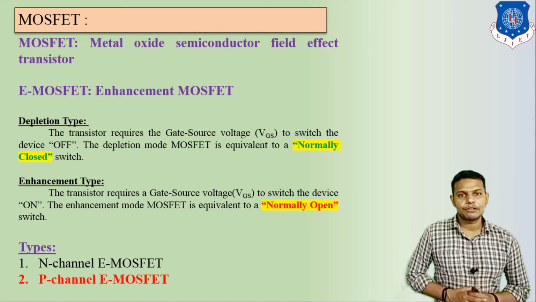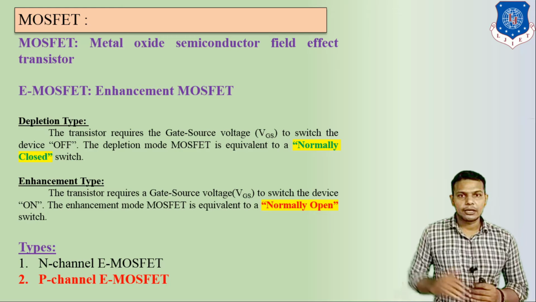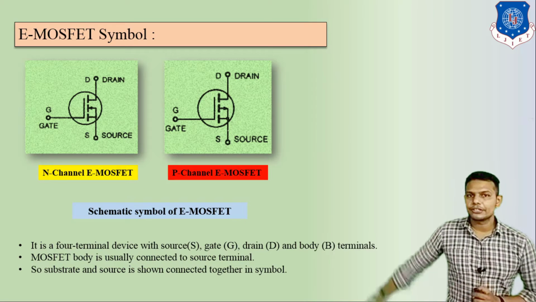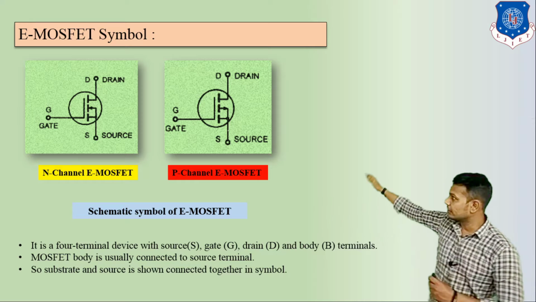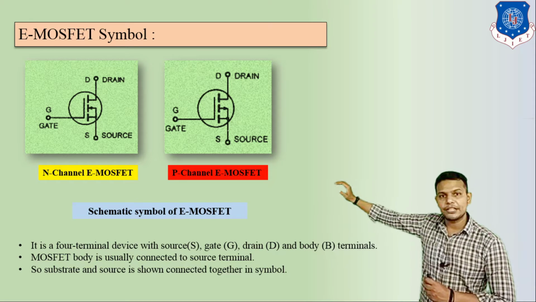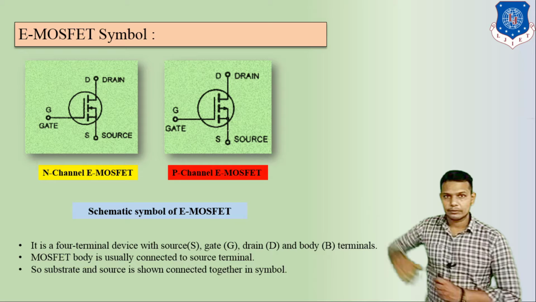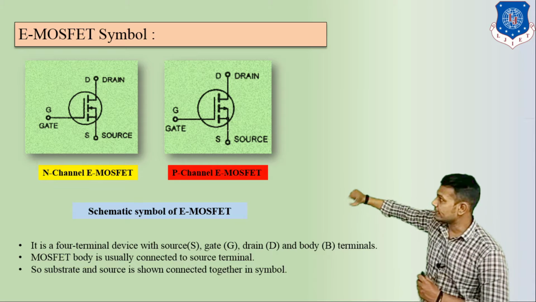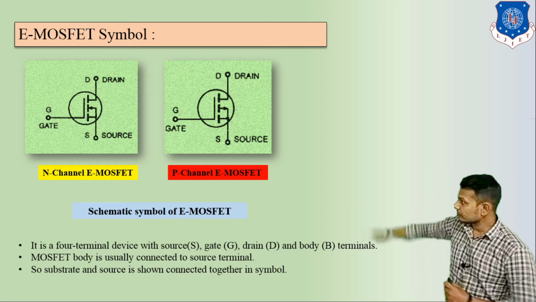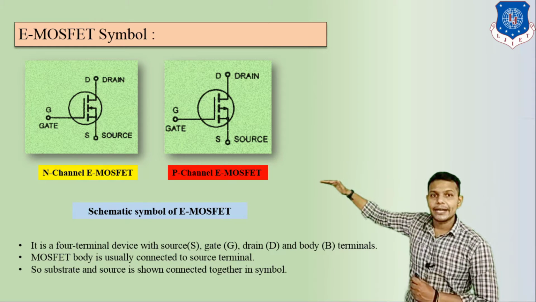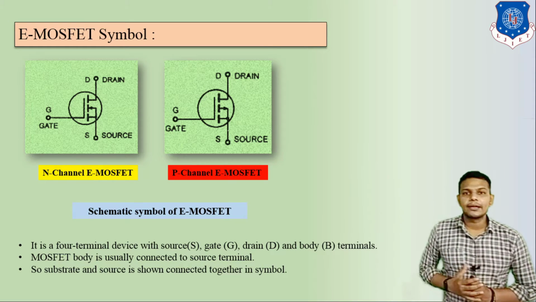So in this lecture we are going to discuss about P-channel E-MOSFET. Here these are the symbols, as we discussed in our previous lecture, that the difference between the N-channel and P-channel is the arrow. Here we can see if the arrow goes inside, it is known as N-channel. If the arrow comes outside, it is known as P-channel E-MOSFET.